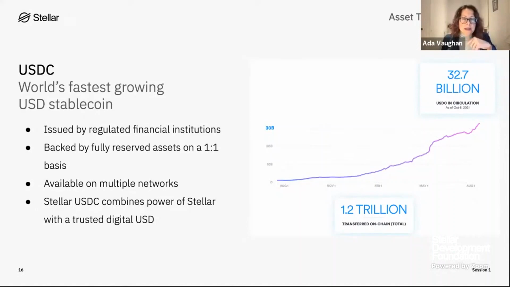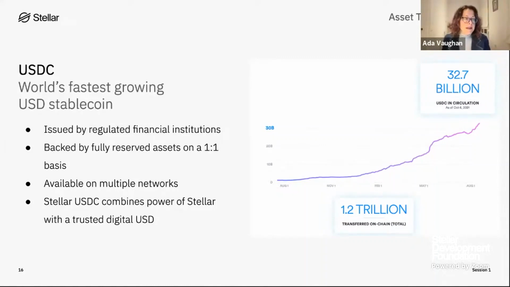USDC is issued by regulated financial institutions. It's backed one-to-one by US dollars, and it's governed by a consortium called Centre. And so there are these kinds of technical and policy standards, financial standards for stablecoins. USDC is always $1, and it's available on multiple networks too, which is one of the reasons I think for its fast growth.